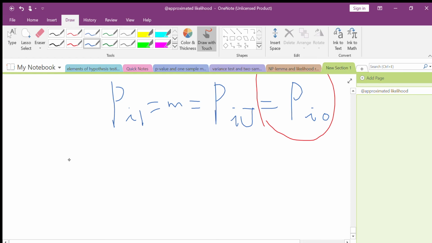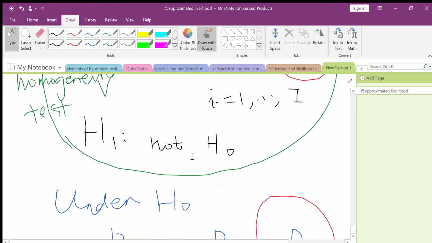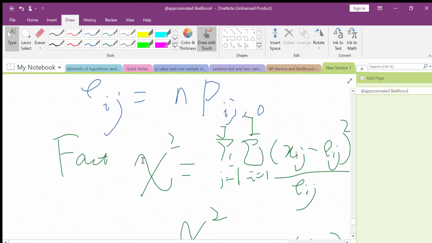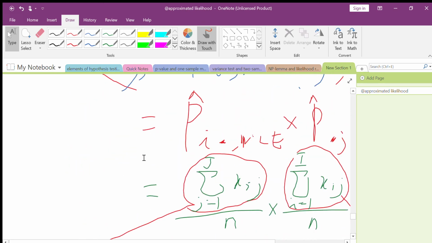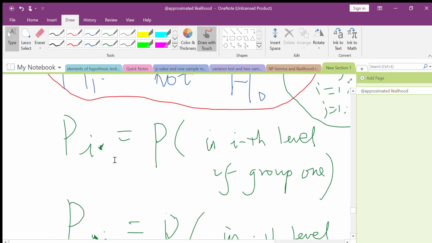In fact, the Pi0 hat is Pi dot. Remember what Pi dot is? We have defined Pi dot in the previous application. Pi dot is the probability of the ith level of group 1.